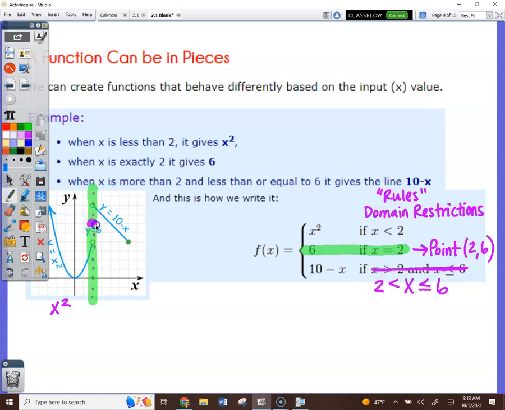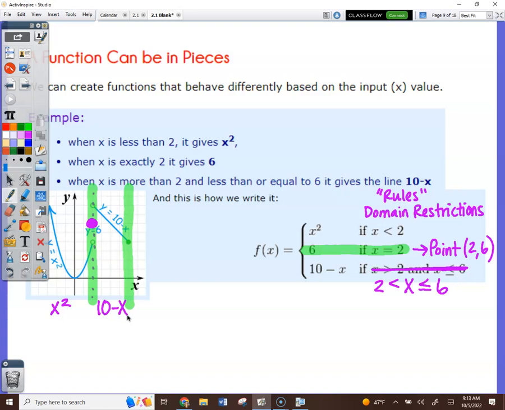This point here is that middle equation. And then look at the next part. 10 minus x is from 2 to what? So 2, 3, 4, 5, there's 6. Drop a vertical. So from here to here, it's 10 minus x.